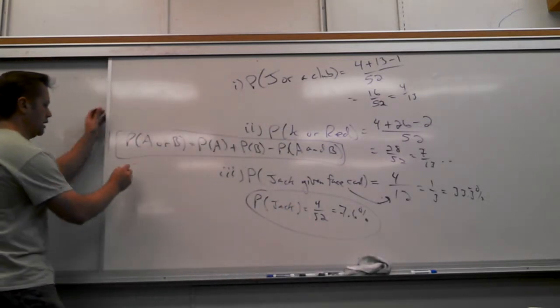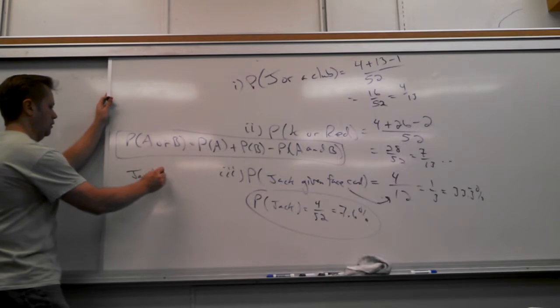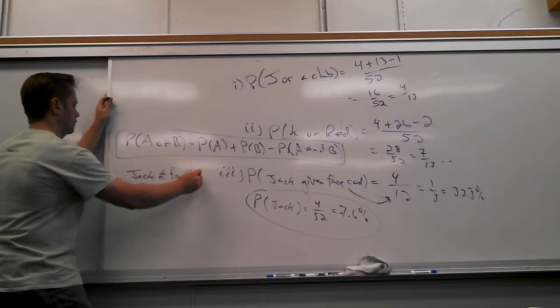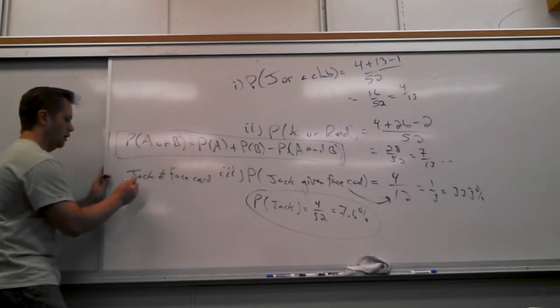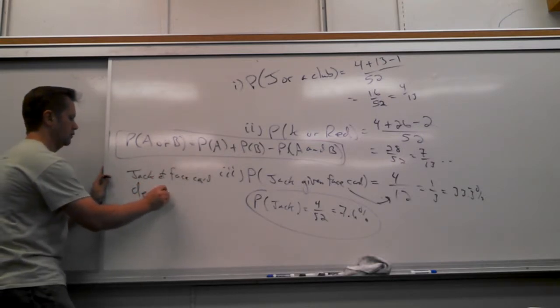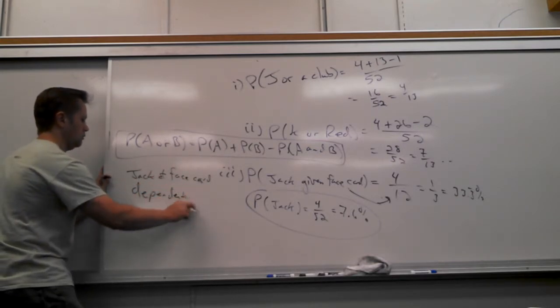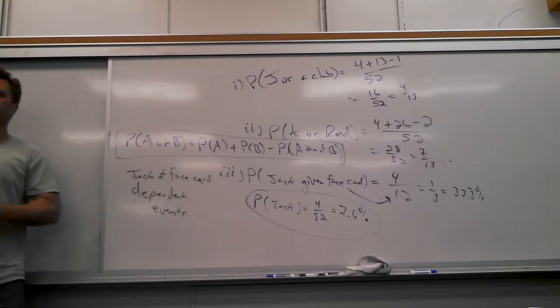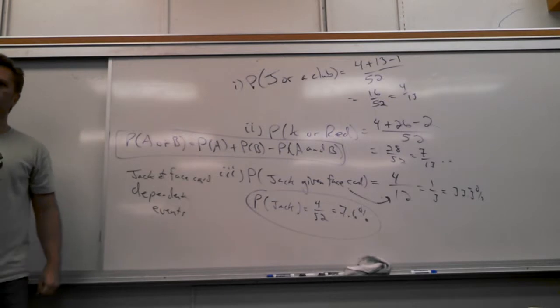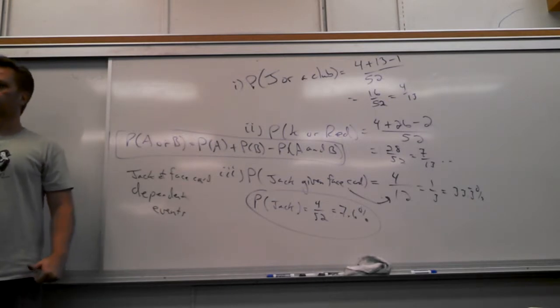I would call jack and face card, those events, dependent events, because the probability it's a jack depends on whether or not I know it's a face card.